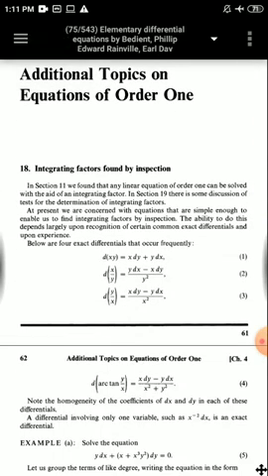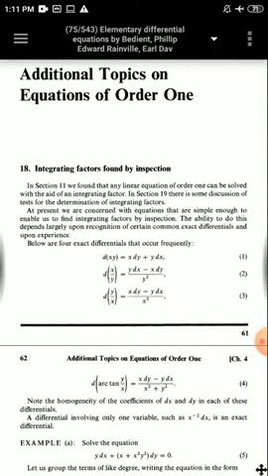Now let us go to the next topic, additional topics on differential equations of order 1. So, finding an integrating factor by inspection. In section 11 we found that any linear equation of order 1 can be solved with the aid of an integrating factor.